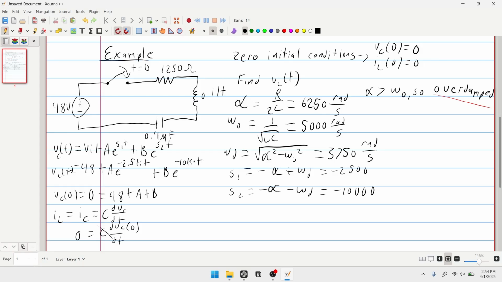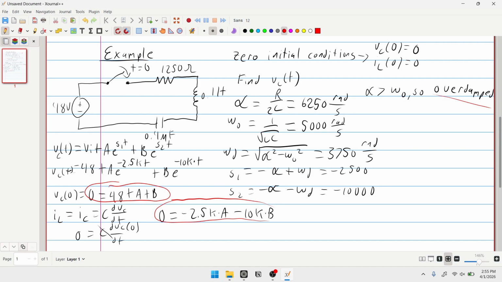We can just cancel the C out. So we're going to take the derivative of the capacitor voltage. The constant disappears, and we have negative 2.5k times A plus negative 10k times B. And so here we have our two equations.